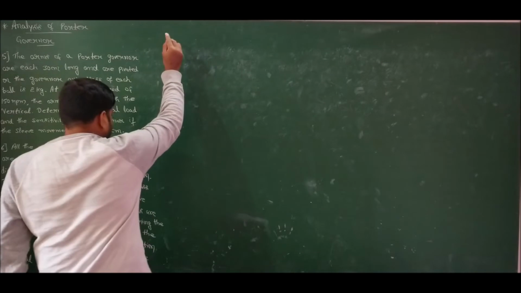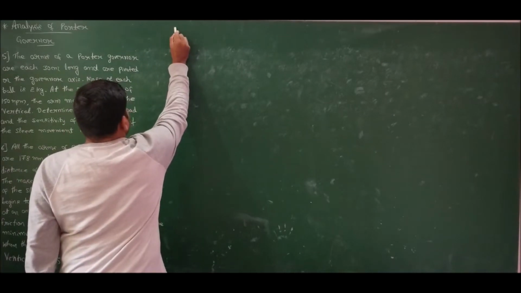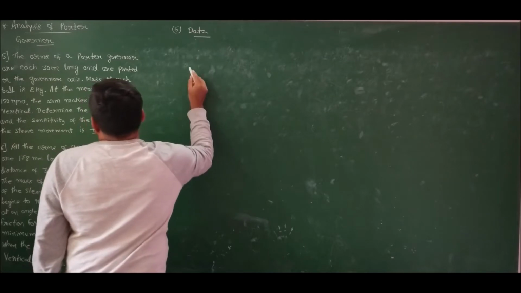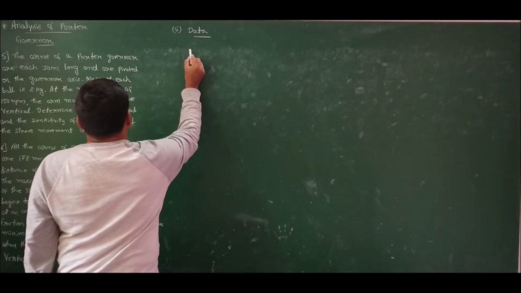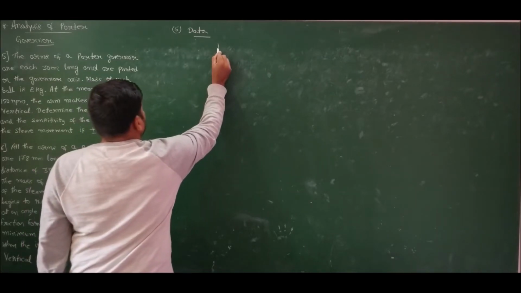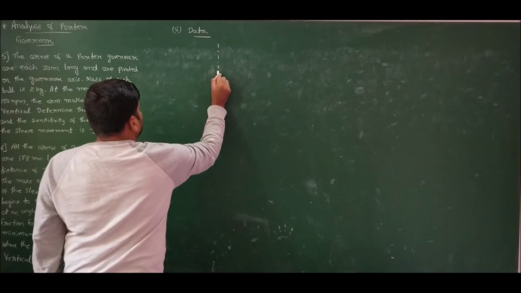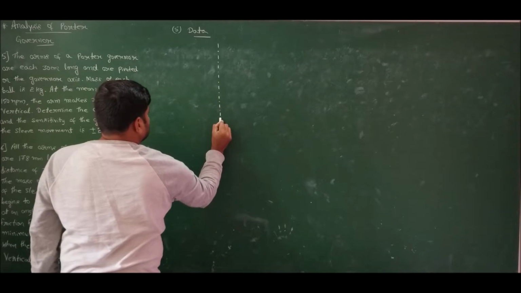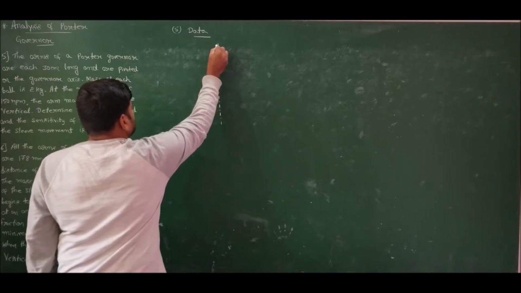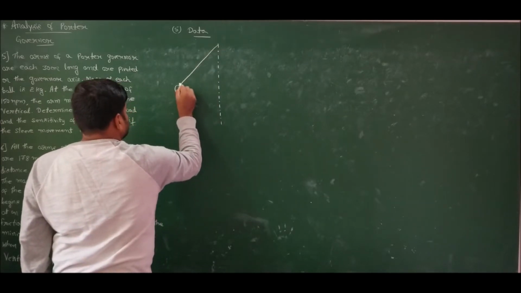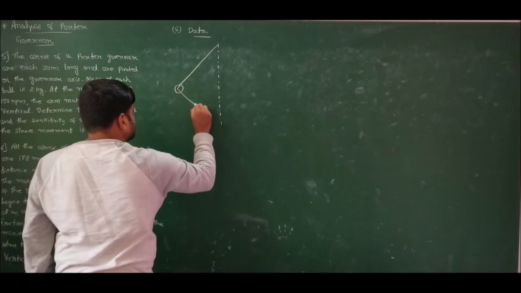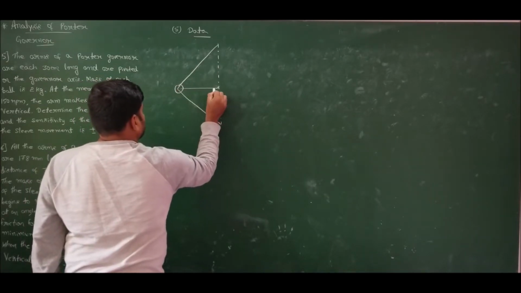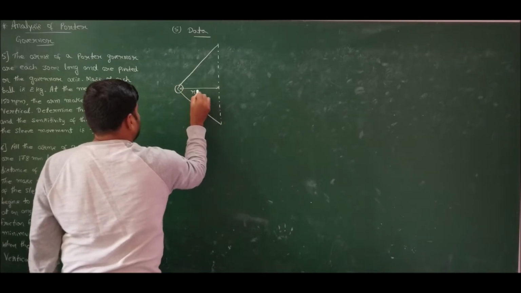If I list out the data given for problem number 5, we have the arms of a Porter governor are each of 30 centimeter and are pivoted to the axis. So therefore attach the arms to the axis of the governor. Now at the mean position, we know this is radius r.